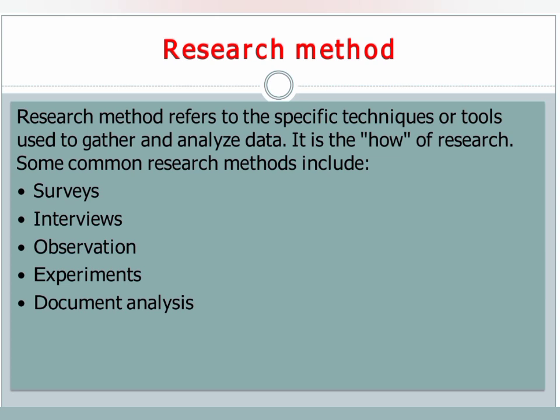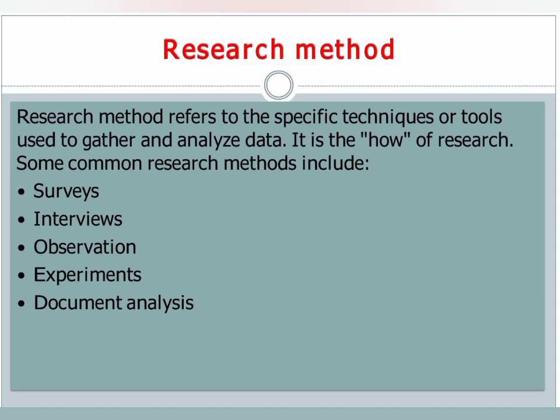So these are some of the research methods: surveys, interviews, observation, experiments, and document analysis. Research methods may be understood as all those methods or techniques that we are using for conducting the research. Thus it refers to the methods the researchers use in performing research operations.